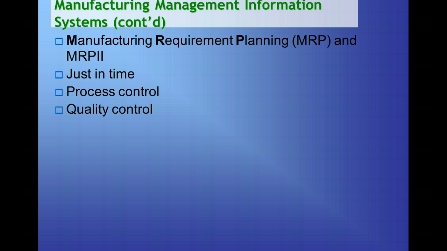So this is where we have demand where one item depends on another item, where we can use this technique. Okay, now in just-in-time inventory, this is an approach where inventory levels are maintained at the lowest. Materials are delivered just before they are used in manufacturing a product.